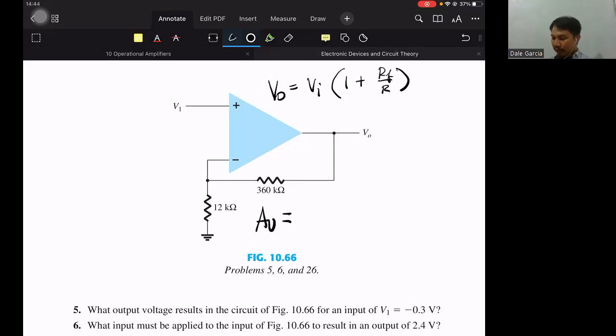So what is the gain of our non-inverting op-amp?